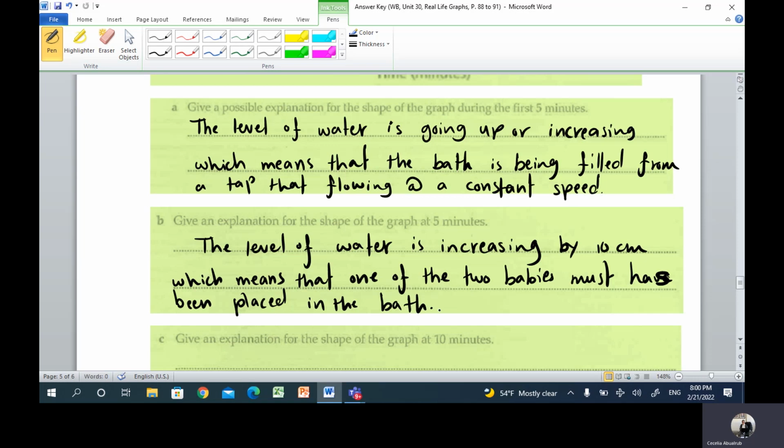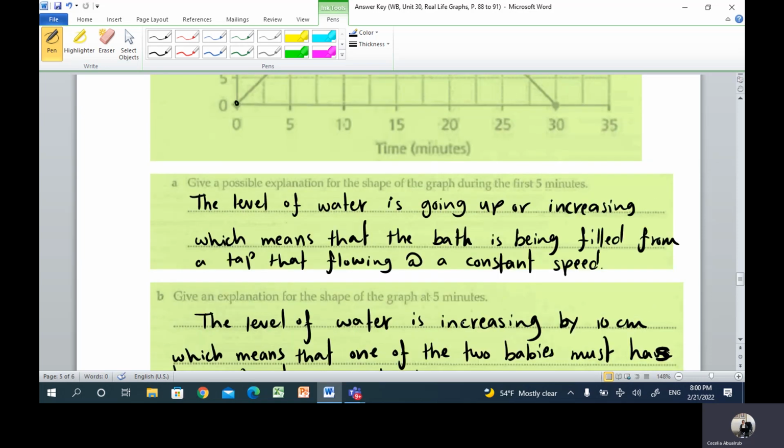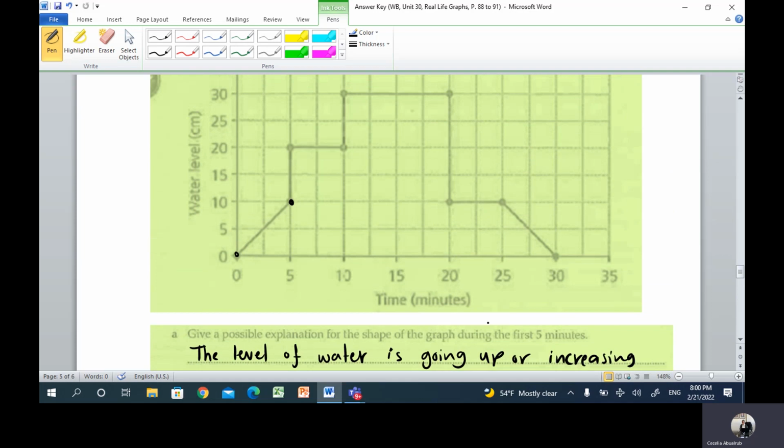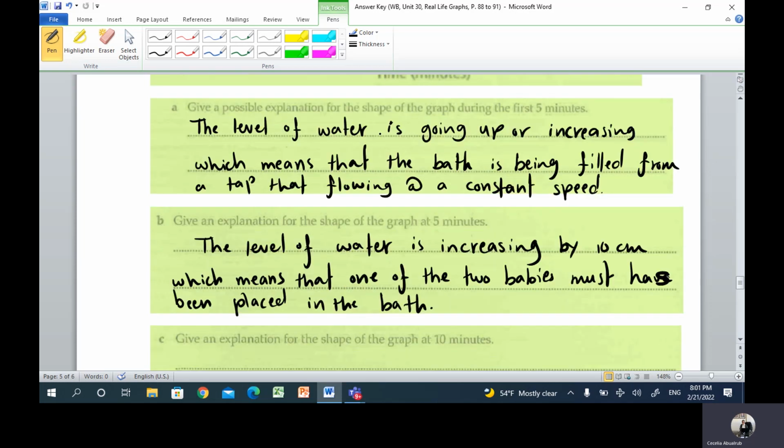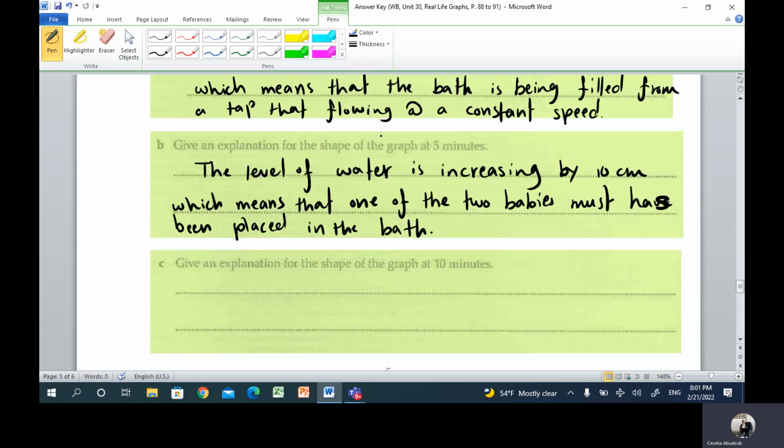Give an explanation for the shape of the graph at 10 minutes. So at 10 minutes, as we can see, the level of the water went up again from 20 to 30, by another 10 centimeters, which means that the second baby must have been placed in the bath.